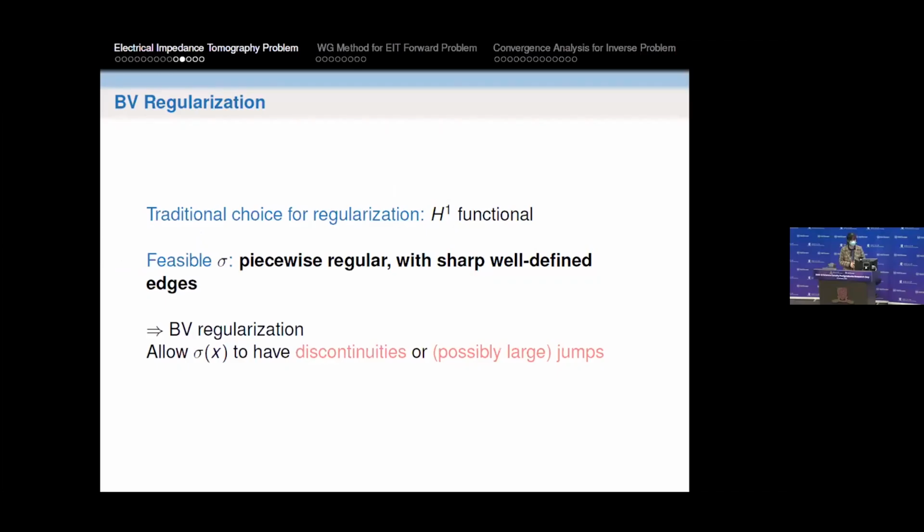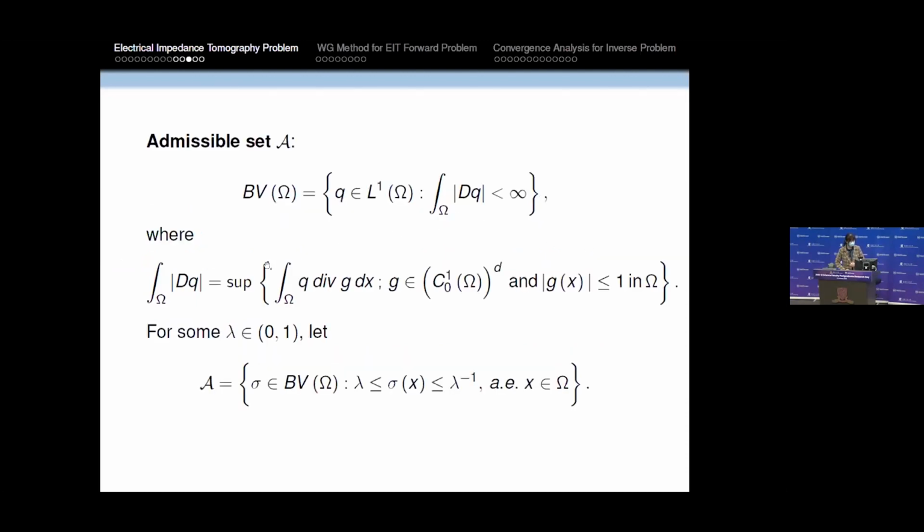Therefore, it would be more suitable to use the bounded variation regularization. The definition is as follows. It is in a dual sense. Using this definition of bounded variation, we can write down the bounded variation space and also the admissible set A, where we will find the conductivity from this set A. It should have lower and upper bounds and also bounded variation.